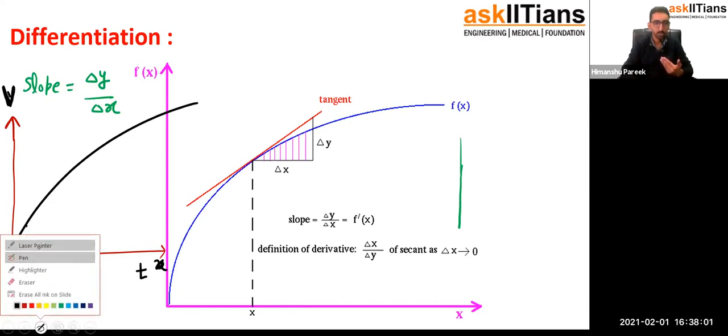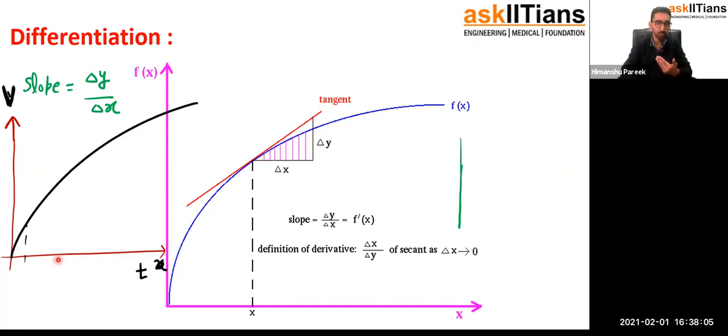So basically, for different values of x, for time, the velocity will be given by, suppose at this time the velocity will be here, suppose at this time the velocity will be here. That number you will get. Now it's a very good concept.